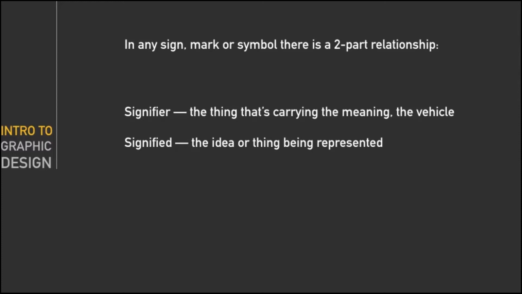And then there's the thing that is signified, and that is what the vehicle is actually representing. So when you walk into Starbucks and order some coffee, and you walk out with a cup containing the coffee, that cup has a logo on it. That logo is the signifier. The thing being signified is the brand Starbucks and all that means, all that conveys, all that's associated with that brand.